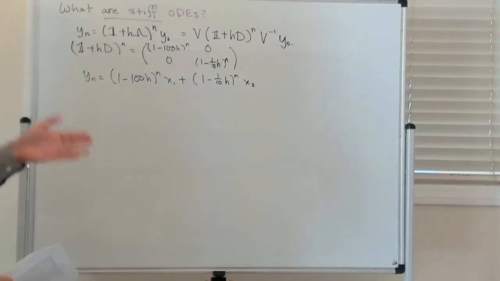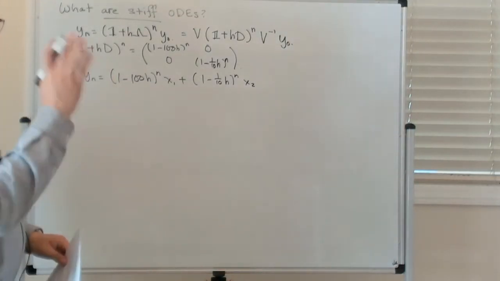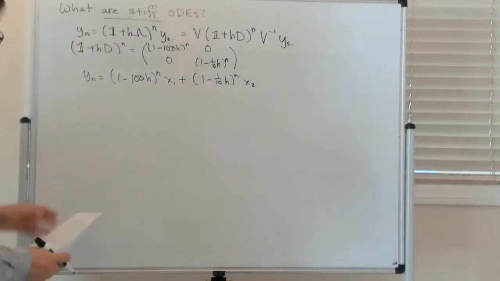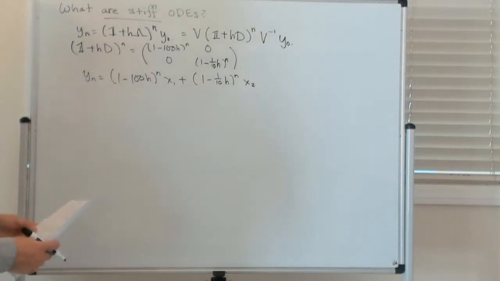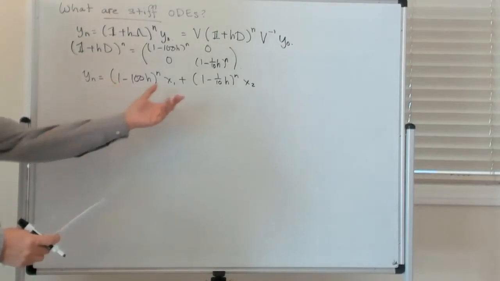So in the exact solution, as time increases, the solutions are decaying, right? And you can ask under what conditions on the time step that is true of the numerical solution as well.